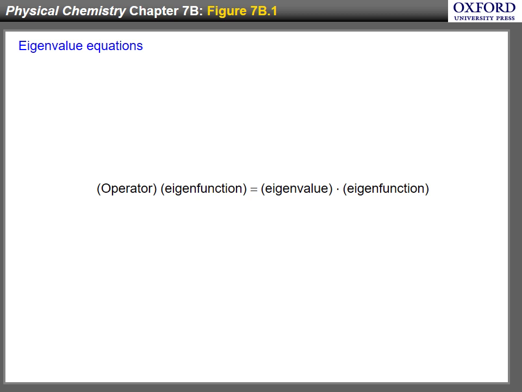Now let's change the terminology and write it in the form of an eigenvalue equation. We have our operator, which we denoted as omega, the eigenfunction, our function, which is phi, the eigenvalue, which is the small omega, and our same function again.